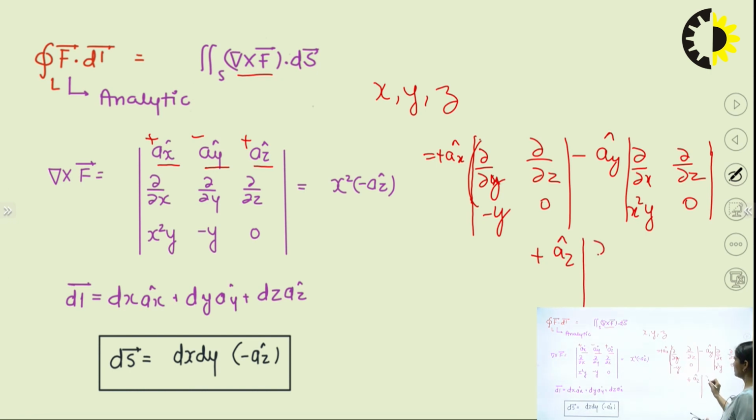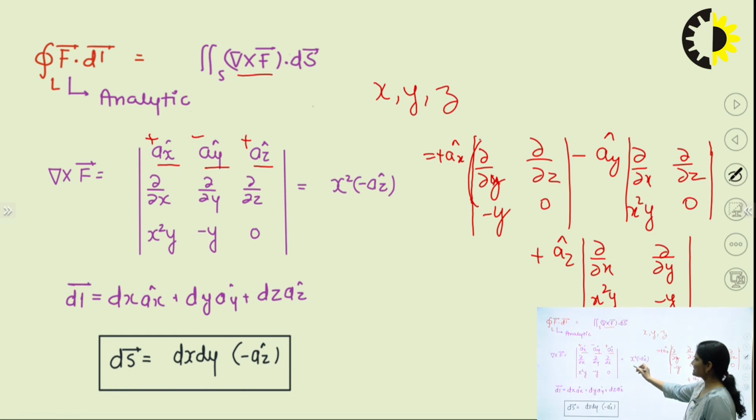Write down here del upon del x, x square y, del upon del y, minus y. Now solve these matrices and you will get here x square in negative form, unit vector of z. So this is the output of curl F while you are solving these matrices.